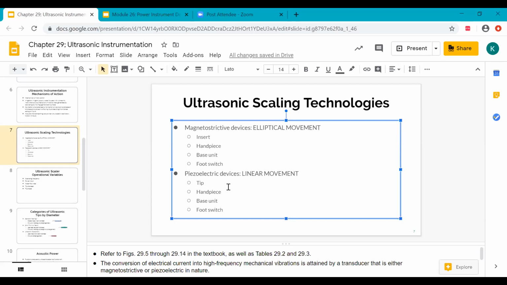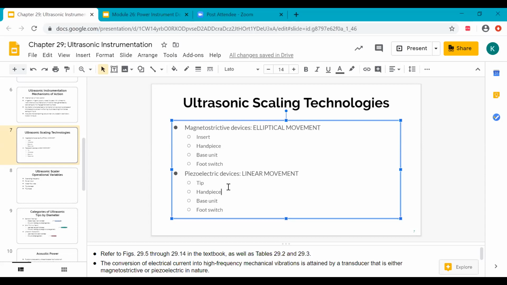So typically in perio offices, you will see more piezo devices. It's just what's most popular in perio offices, because they do say hygienists are more effective with a piezo because of the way we're taught our hand instruments.